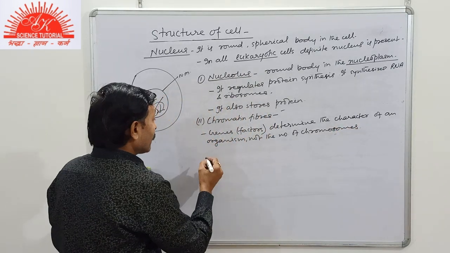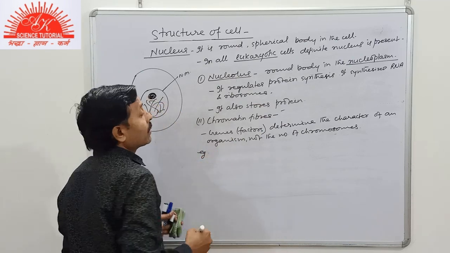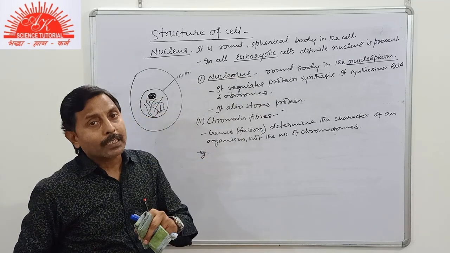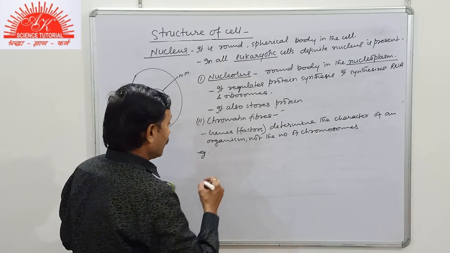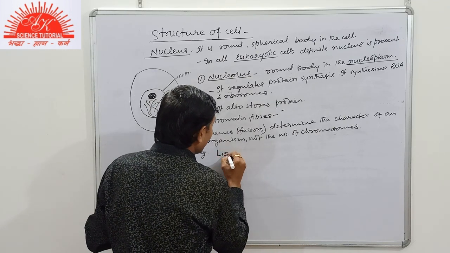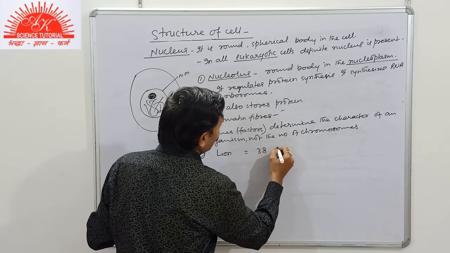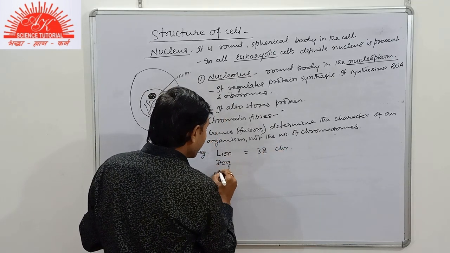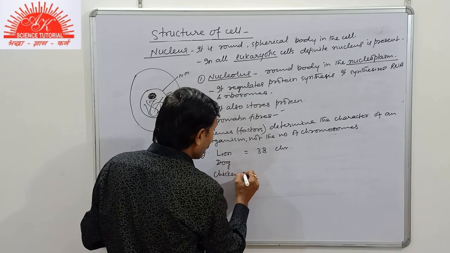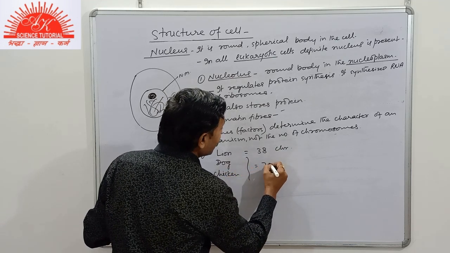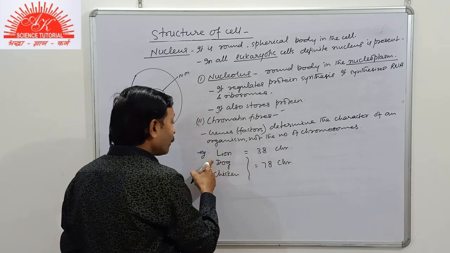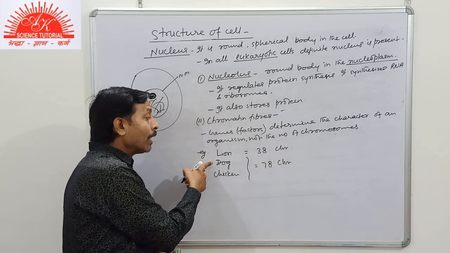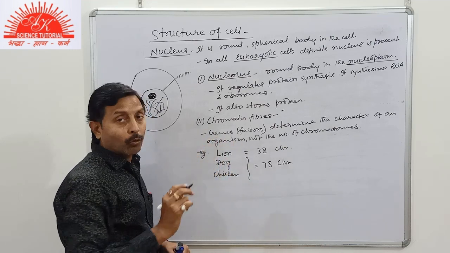For example, we have studied that the number of chromosomes in a species is constant. The lion has 38 chromosomes. Now, dog and chicken have 78 chromosomes. Both of them belong to two different species. This is the bird, this is the mammal, but they have the same number of chromosomes.